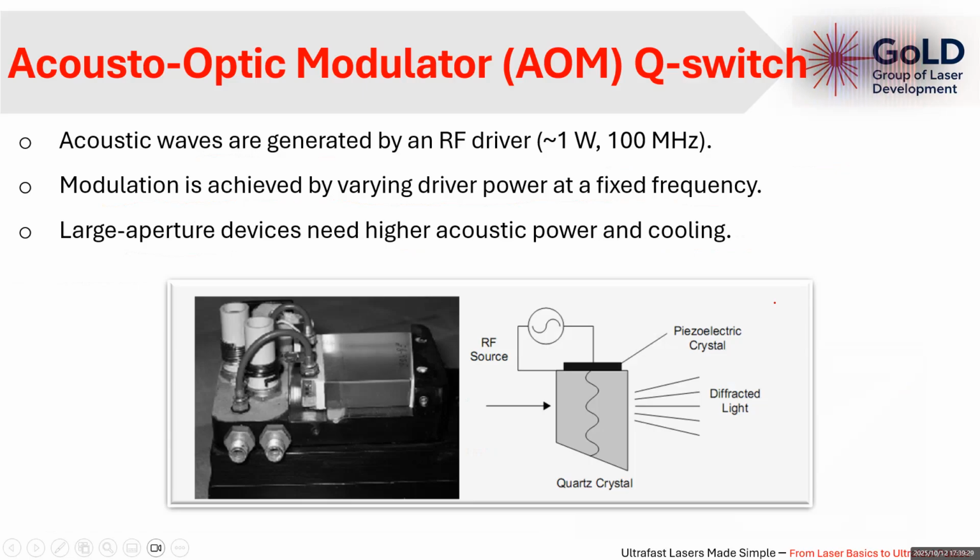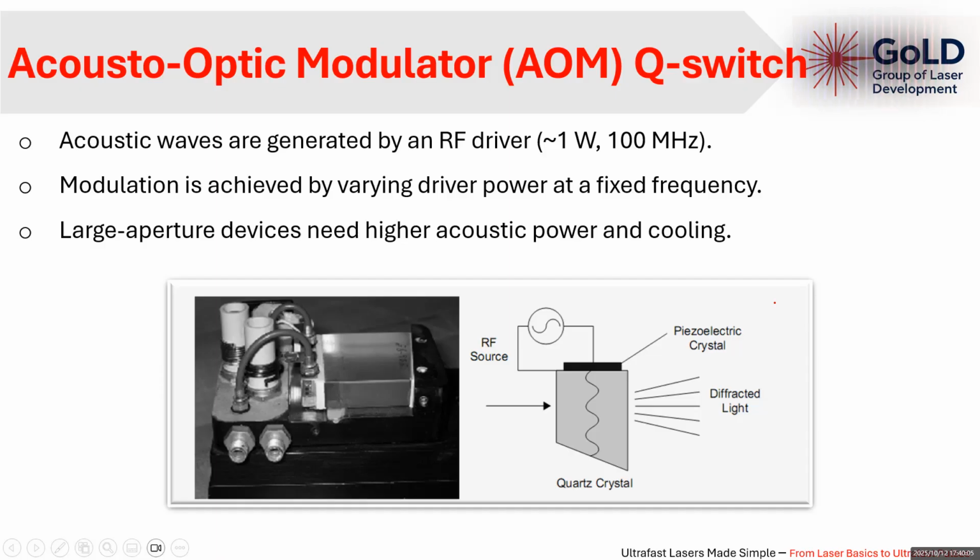So these are some more points which are necessary to know. The RF signal has to be around the 100 megahertz frequency range, and 1 watt power, as an approximate idea. Usually it's a big box. The switch is very small, but the driver is usually big. This driver is to generate the RF signal.